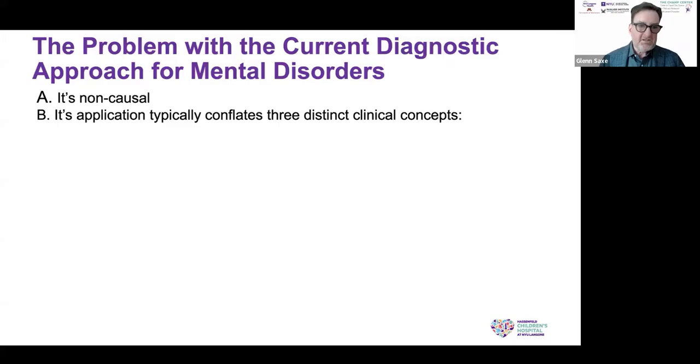Well, it's 45 years later, it's still non-causal, which is a massive problem. It's why, as we talk later in sessions, we'll talk about how to build the causal mental health through research that is able to discover causes with the type of data that we have.